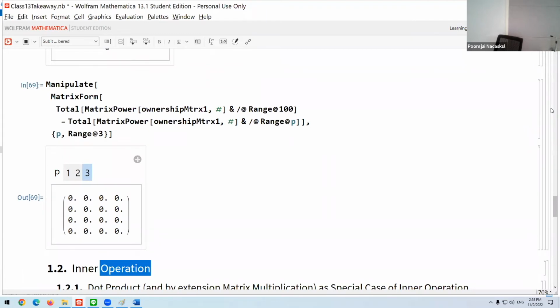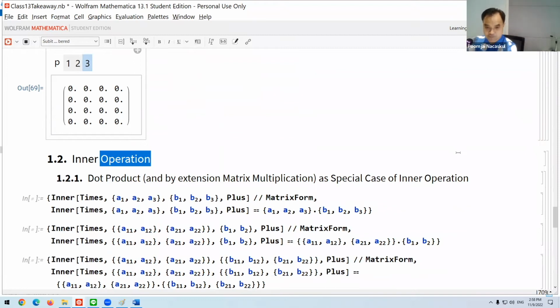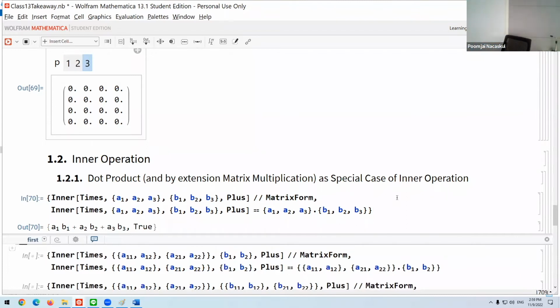Okay. This is my dot product. You see the dot.